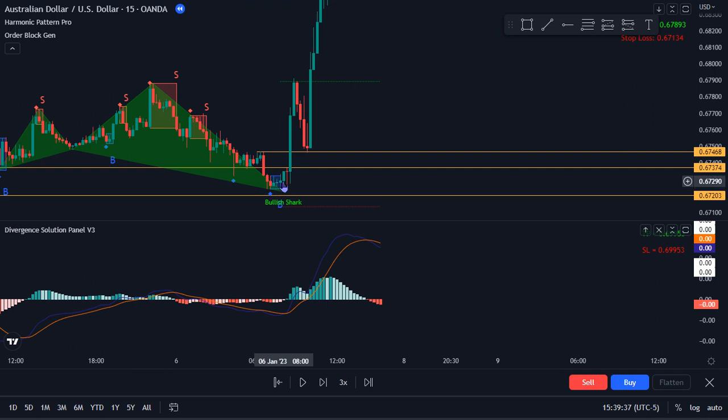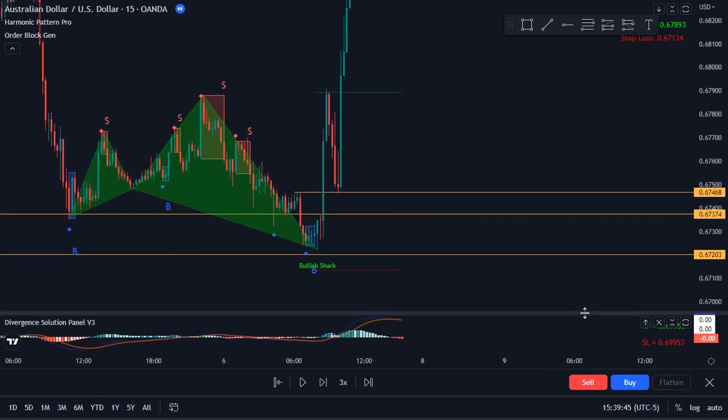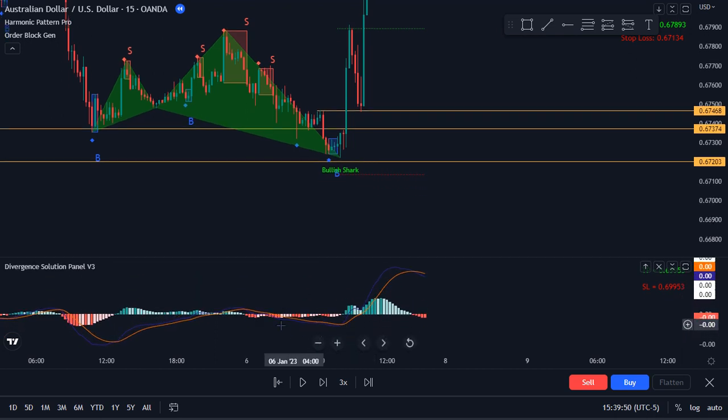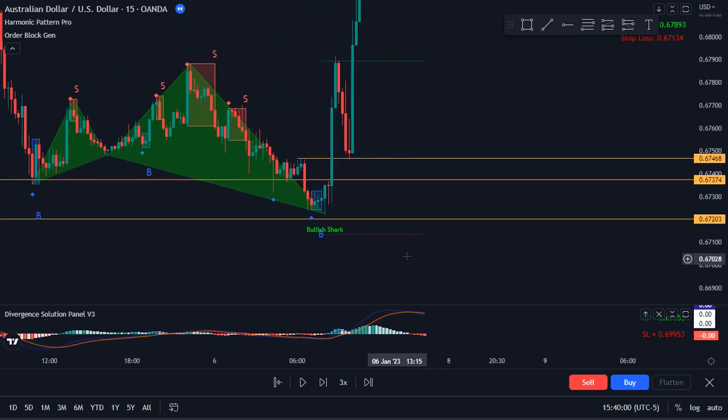So these are other confirmations and confluences you can look for to validate your zones, even besides just divergence. Obviously, this will mark out divergence. Like I said, I've got it hidden because I want to make the MAs a little bit clearer. But that's another confirmation that this indicator can bring up.